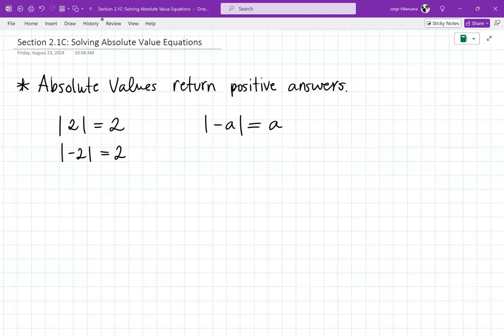Why is it that the absolute value is always positive? The reason is because by definition, the absolute value is the distance from 0. So let me put that right here.